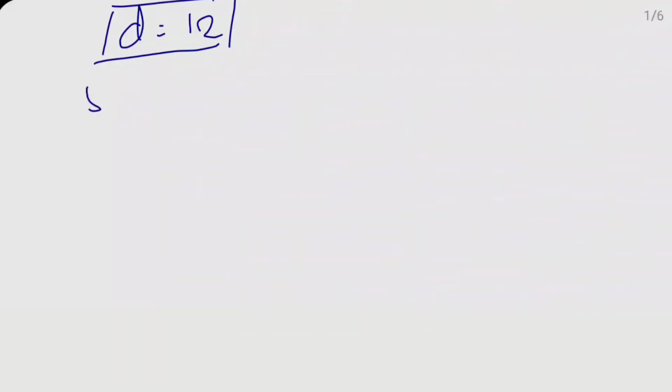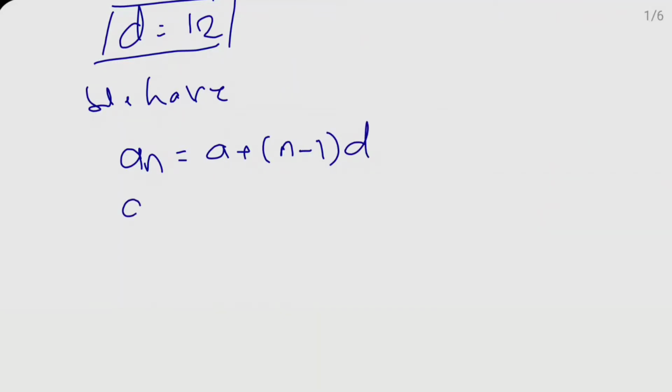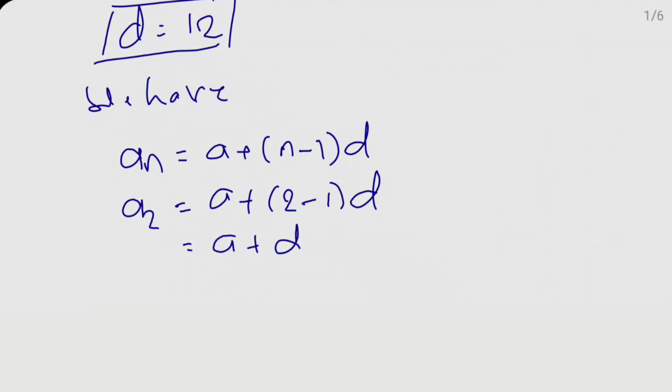And here we want the second term. So we have an equal to a plus n minus 1 into d. So here we want a2. So a2 equal to a plus 2 minus 1 into d. So here a plus d.